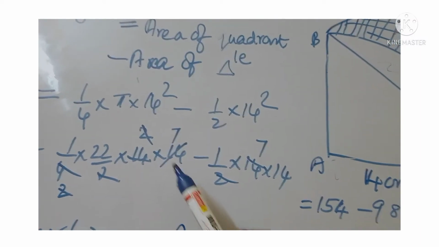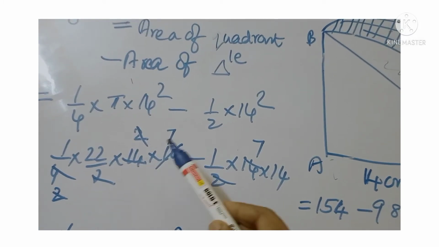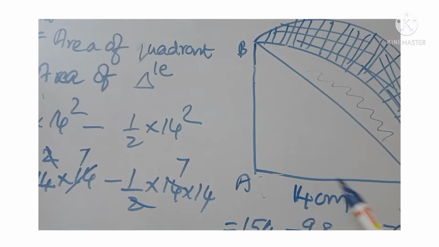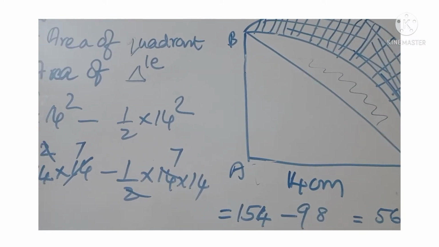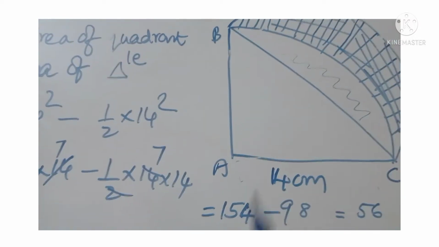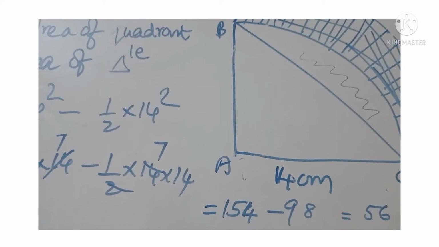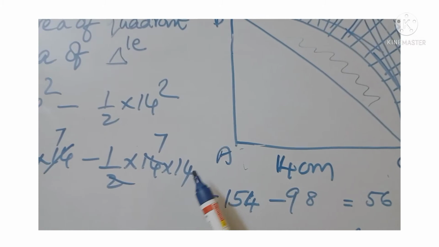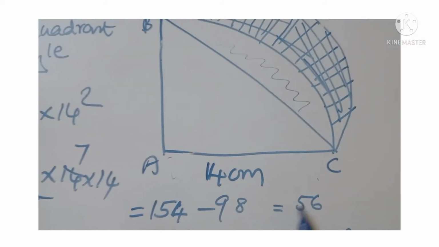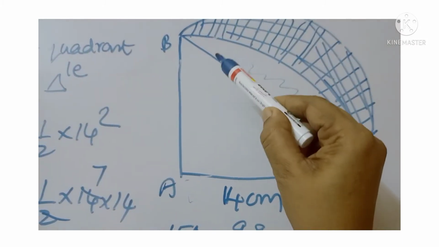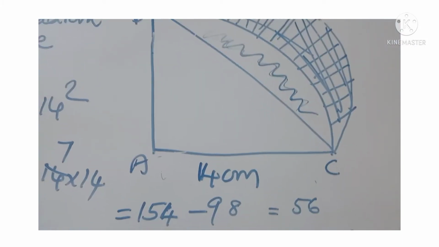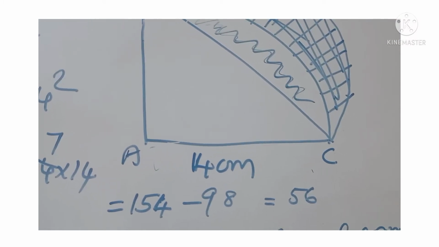Then we can cancel, and after that we will get 22 into 7. So that is 154. And area of the triangle is half base into height. Base and height have the same length, that is 14. So half into 14 into 14 is 98. So 154 minus 98 is 56. So this segment is 56 centimeter square.